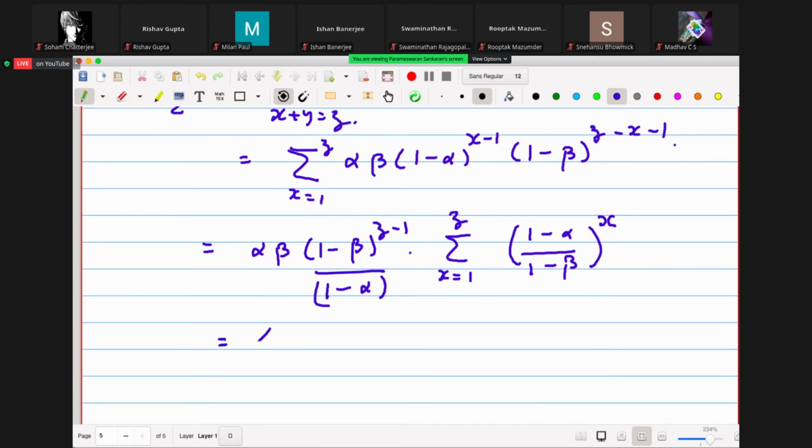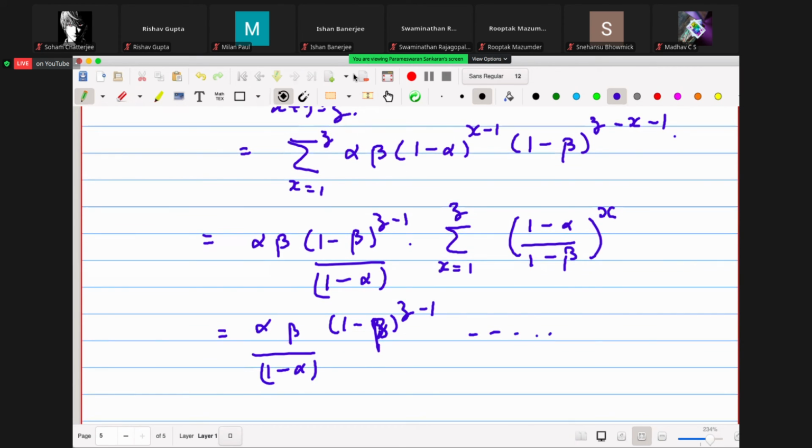It is equal to alpha beta times ... minus z power ... (1 minus beta) to the power z minus 1, and then divided by 1 minus alpha is very much there. I think I will just stop here, but maybe state the next problem.